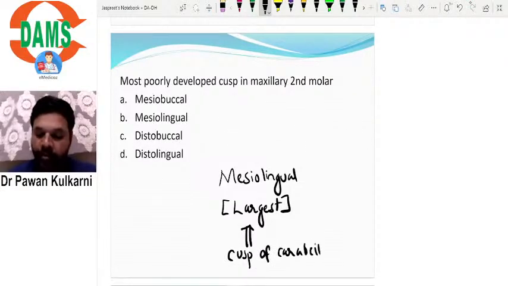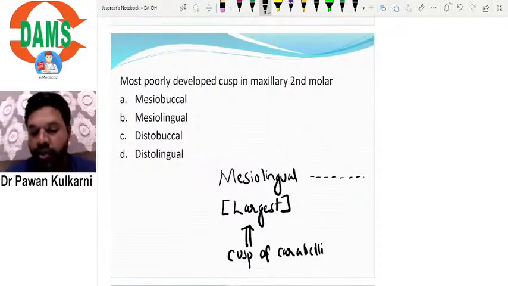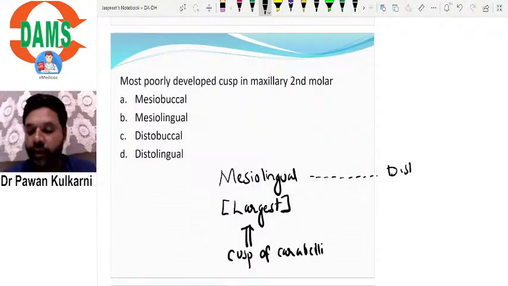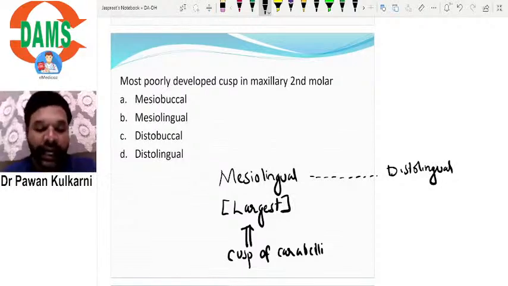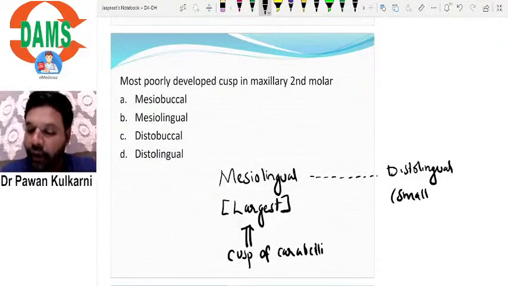The smallest cusp is the distolingual cusp. In the transition from first molar to second molar, the distolingual cusp becomes small, or it is absent in second molars.